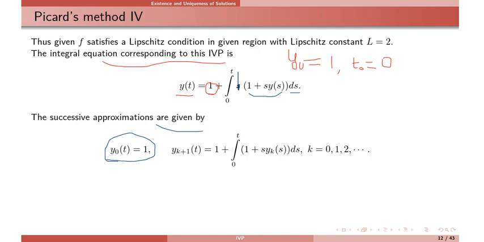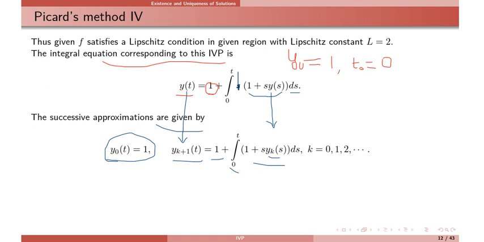Then y(k+1) equal to 1 plus the integral from 0 to t. So just replace the left hand side y with y(k+1) and the right hand side y with yk. Okay, so just put labels on both sides. And since you want to compute y, y is on both sides, left and right.